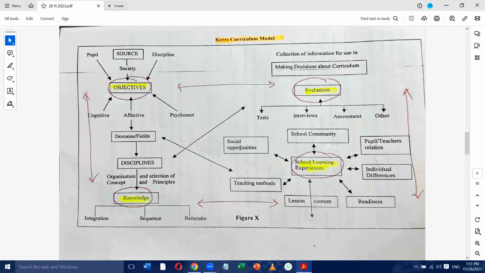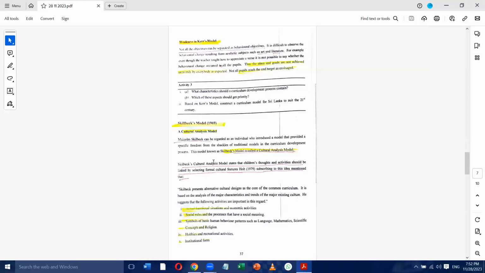But anyhow, there will be some weaknesses also because it is man-made. So definitely there will be some other setbacks with time, as age goes, that you might have some other problems for the next generation. Okay, you will see that. So the weakness in Kerr's model: not all the objectives can be separated as behavioral objectives. That is another one.